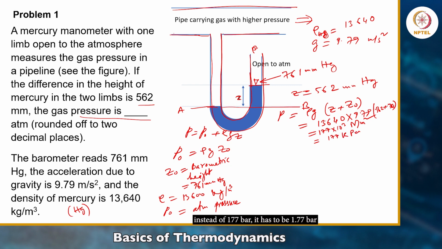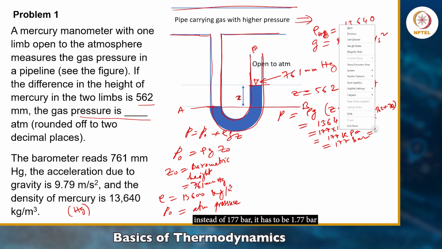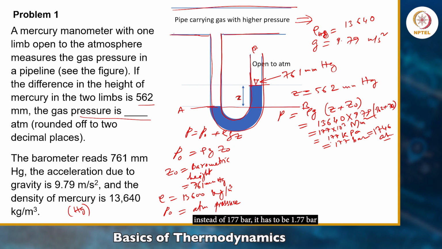Now I got kilopascal. Now from kilopascal, I have to convert to atmospheric. So 177 divided by 1.013 bar. So atmospheric pressure will be 1.746 atm.